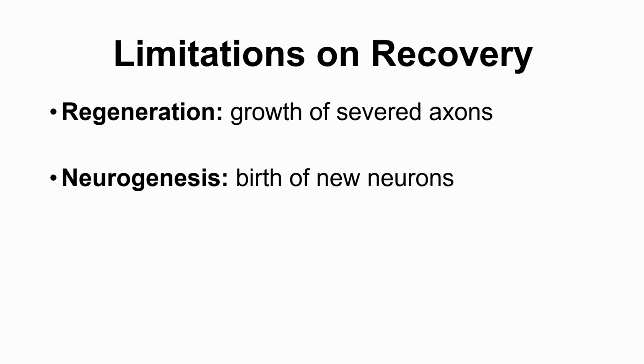It would actually use the existing myelin sheath as a guide to slip back where it needs to be and pick up where it left off. But that doesn't always work. It's very difficult for those axons to find the correct path, especially if there are other signals around.